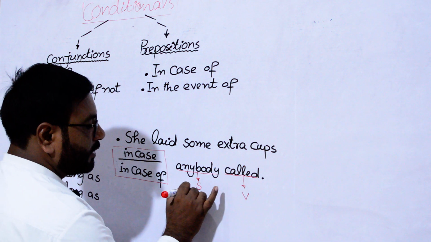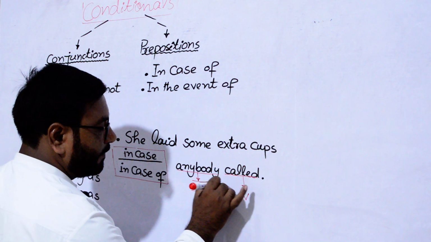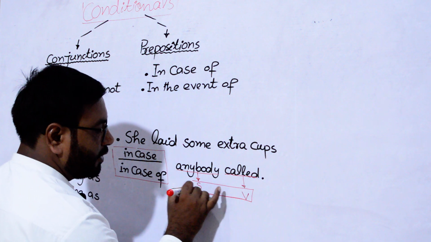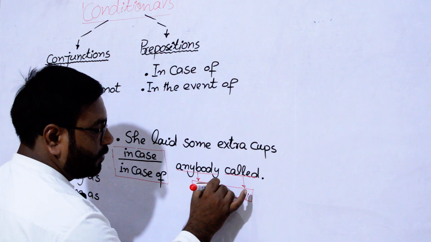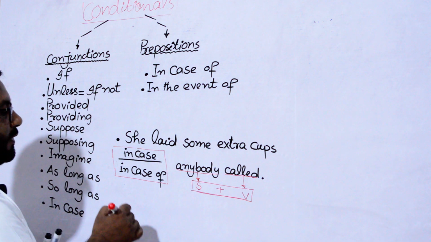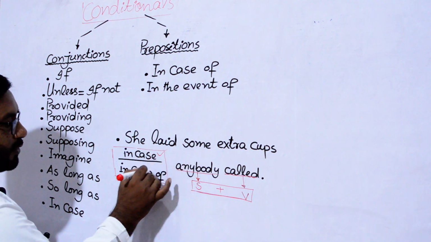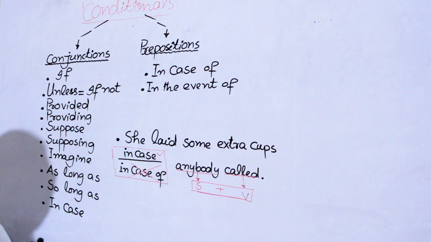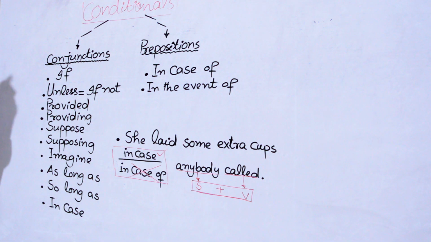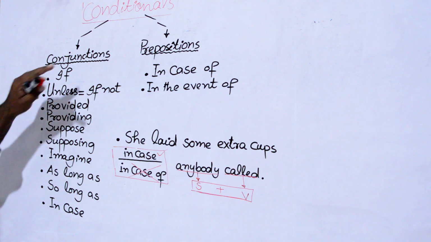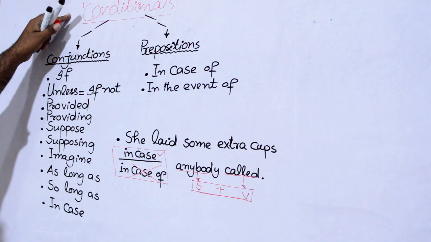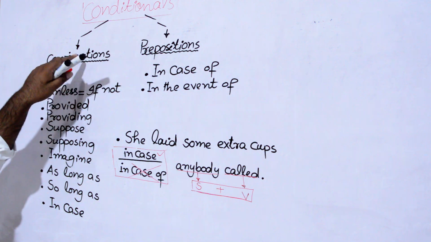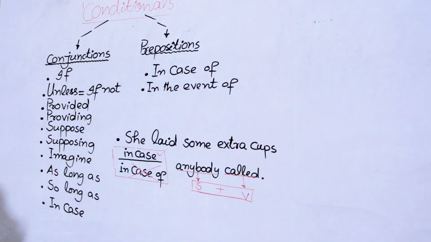So any structure that has this combination of SV is called a clause. So we pick in case, we don't pick in case of. The first problem that can be made in the use of conditionals is the use of conjunction and a preposition.